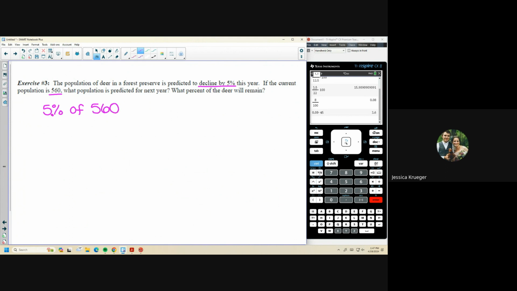Remember, 5%, if we want to do calculations with a percent, we have to turn it into a decimal. And that's 0.05 times 560. So if I do 0.05 times 560, I get 28.